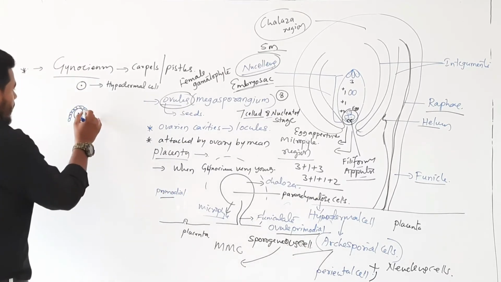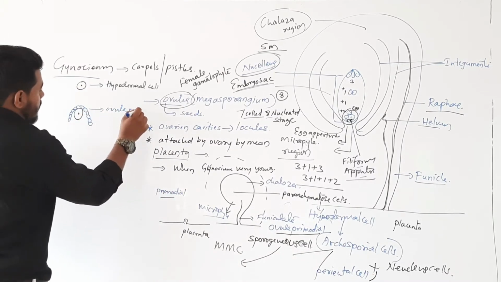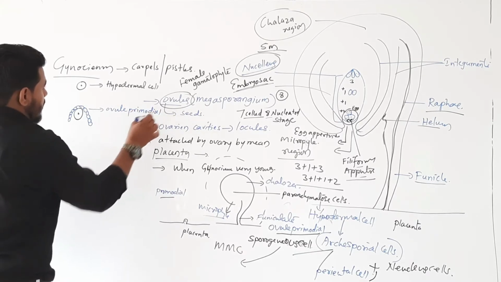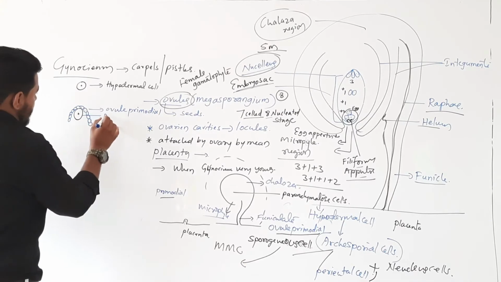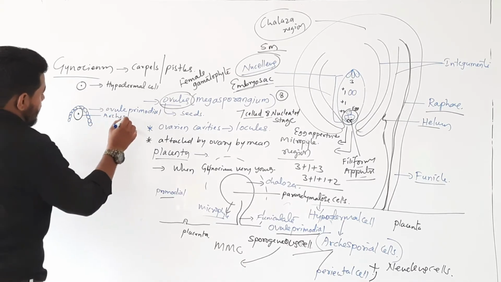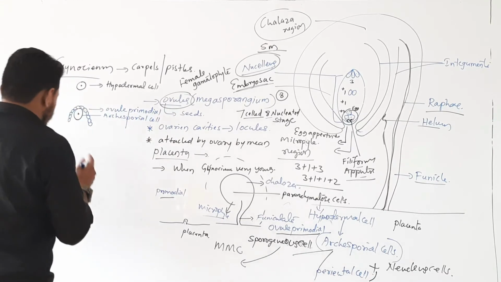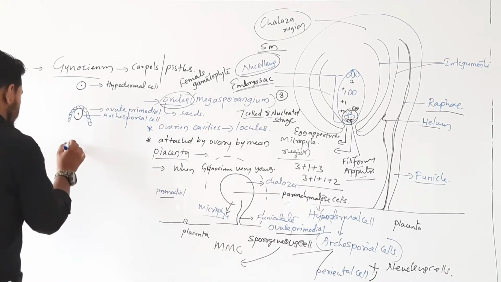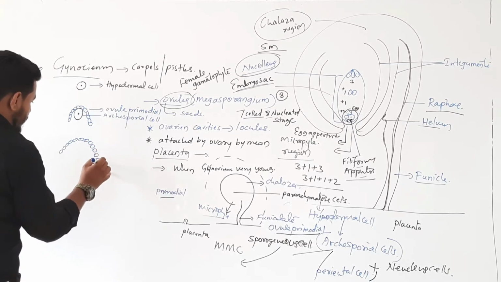Ovule primordial cells. These are ovule primordial cells, and this is called the archesporial cell.